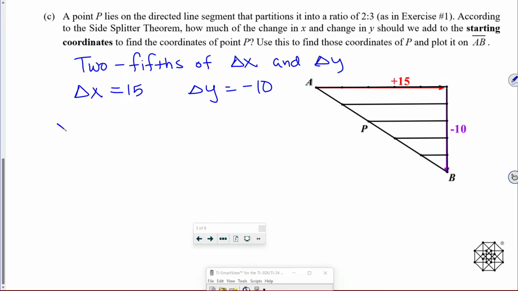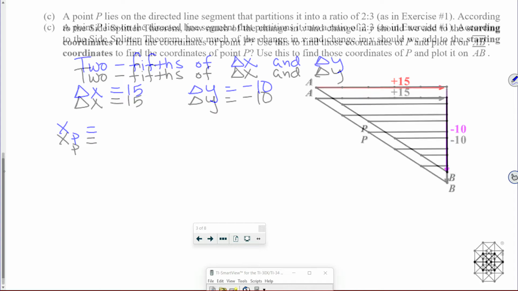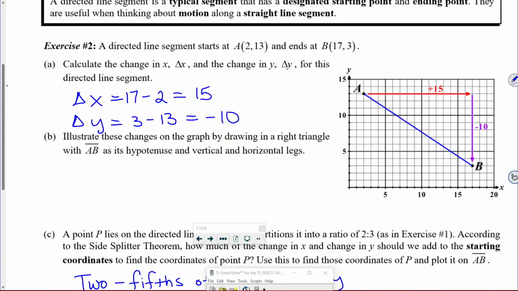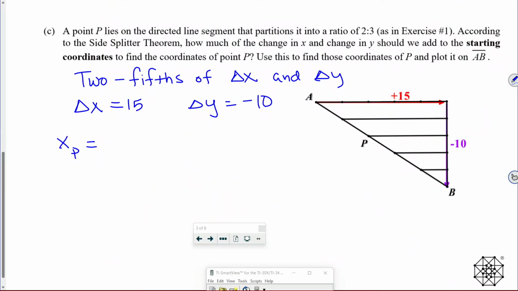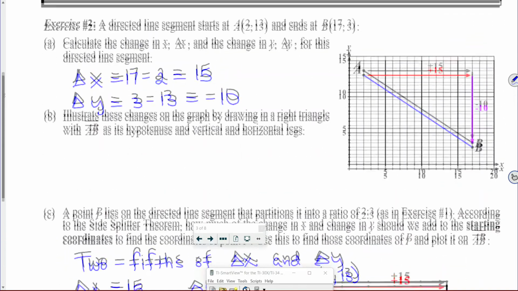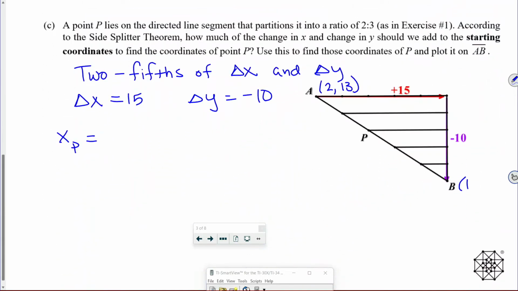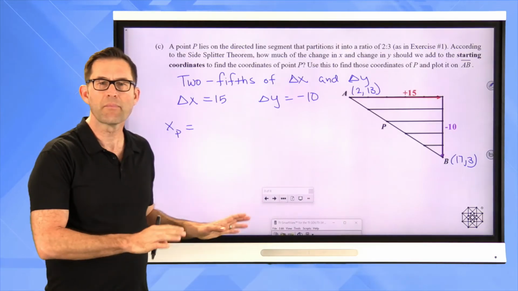So what's going to be the x of our partition point? Well, what were our starting coordinates? Our starting coordinates were 2, 13. So we start at A at 2, 13. B is not that important, but I'm going to write it down anyway. B is at 17, 3. All right, so what's my partition point?